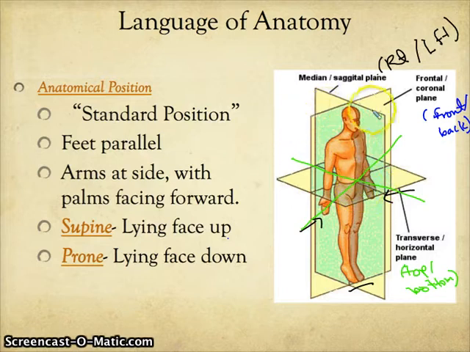As soon as we are completely upright and going right down this midline, that's a median or midsagittal plane, meaning right down the middle. Anything that transects it this way, no matter if it's right here or elsewhere, is still a sagittal plane. Frontal is the same thing: we're going front and back halves, so you can march this way and it would still be a frontal plane, any kind of transection through the body.